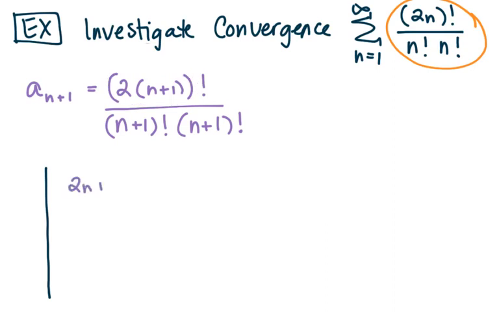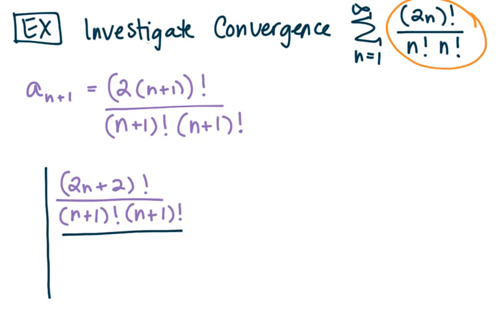So I've got 2n plus 2, that quantity factorial, over n plus 1 factorial, n plus 1 factorial. And I'm going to divide that by the term which came before it, which would be 2n factorial over n factorial n factorial.